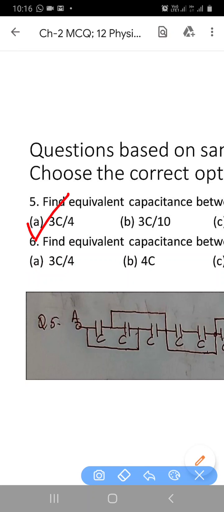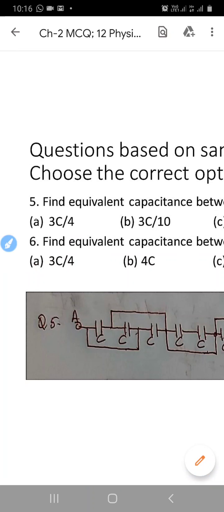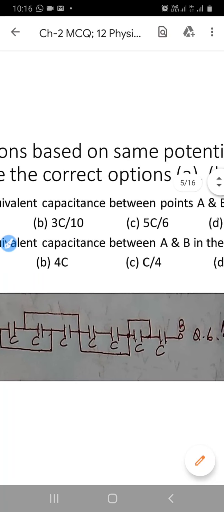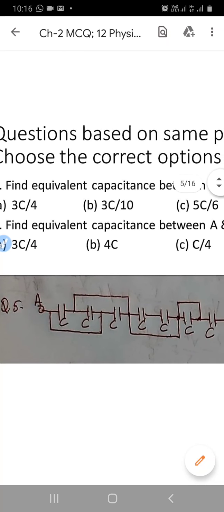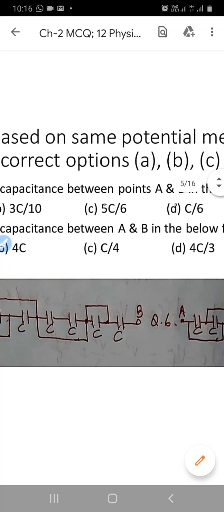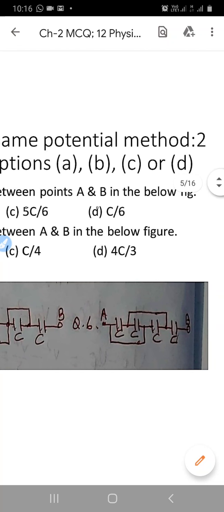Similarly, find equivalent capacitance between A and B in the following figure. Here A is 3C by 4, B is 4C, C is C by 4 and D is 4C by 3. Same circuit, same potential method.